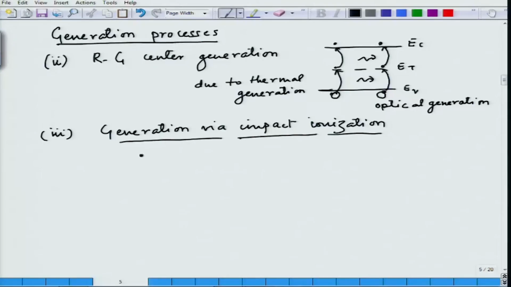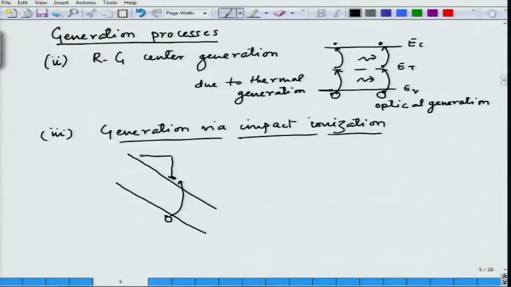In this case, we talk about the high kinetic energy of an electron having a collision with another electron; it loses its energy, and the second, when it has a collision with the carrier, takes the electron in the valence band and takes it to the conduction band, thereby creating a hole here.